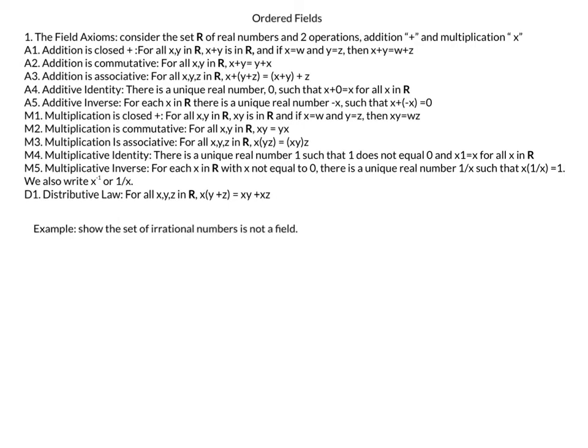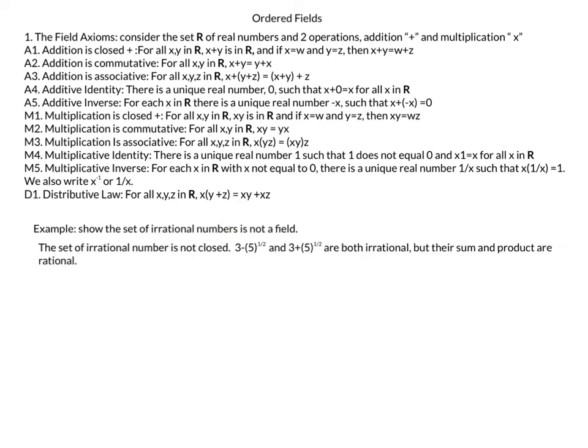Our first example is to show the set of irrational numbers is not a field. The irrational numbers do follow commutative and associative laws, but they are not closed. So for example, 3 minus the square root of 5 and 3 plus the square root of 5 are both irrational, but their sum and product are rational, so you cannot do the sum and product and stay within the irrational numbers, which means addition and multiplication of irrational numbers is not closed.